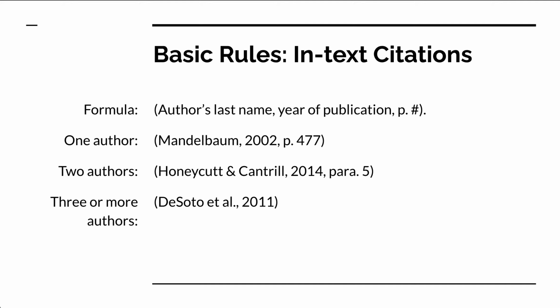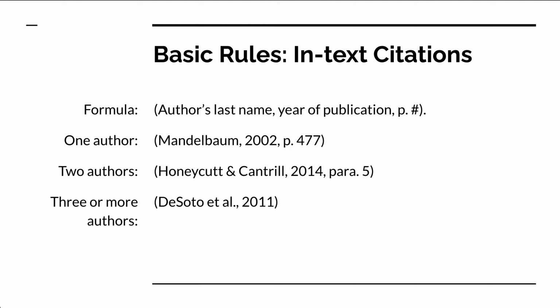Generally speaking, the formula includes the author's last name, a comma, the year of publication of the source, a comma, and a page number or paragraph number if you are using a direct quote. Here's an example. Mandelbaum, 2002, page 477.